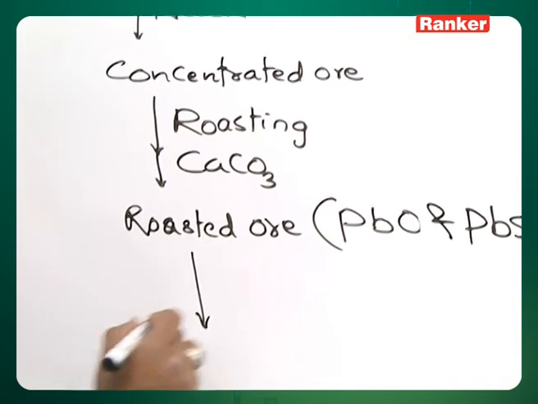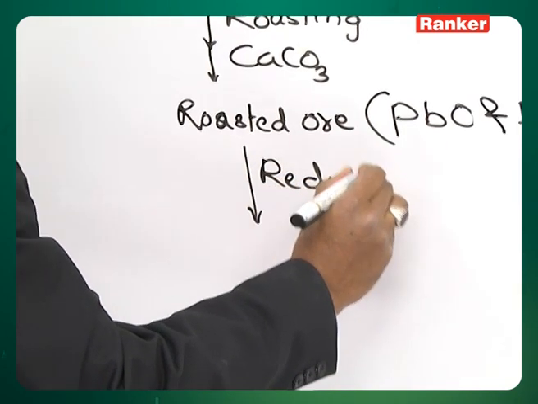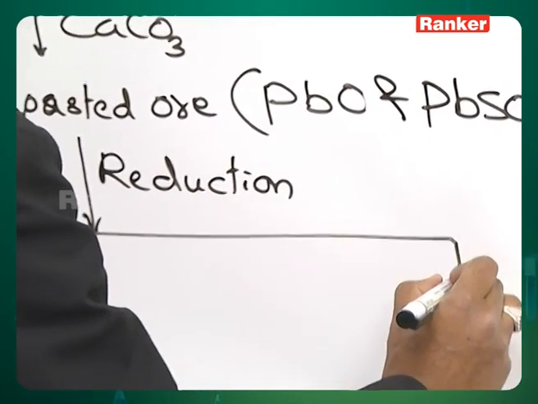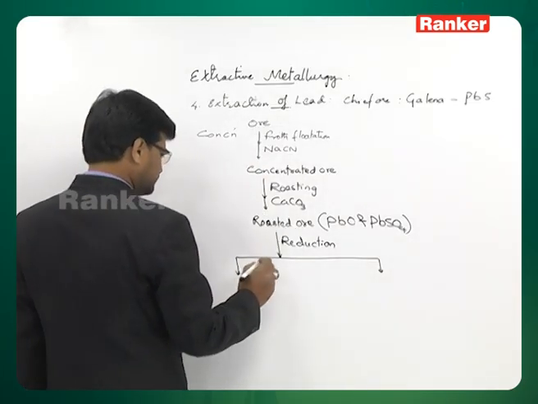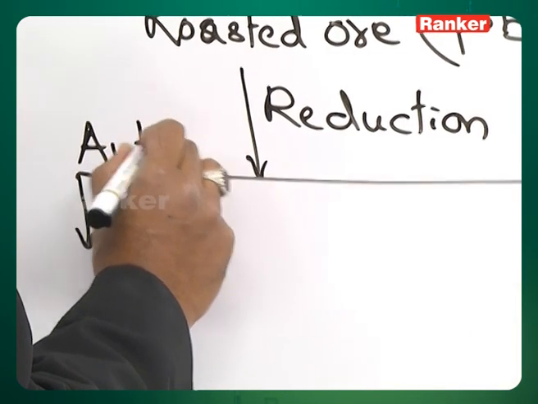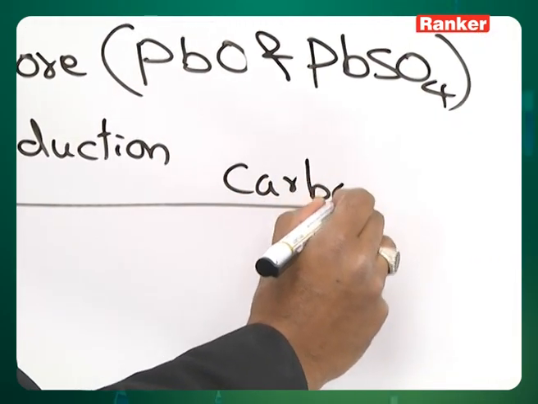Then reduction. Here you have two pathways. You can go for auto reduction, auto or self reduction, or you can go for carbon reduction.